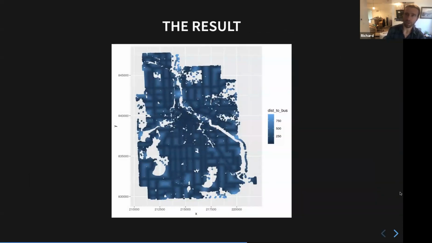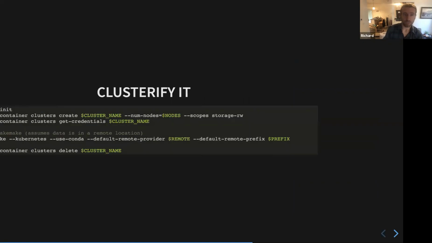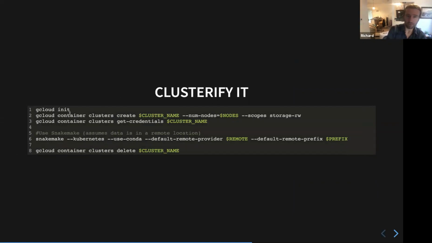The nice thing about having such a command is that it allows us to automatically parallelize everything. So what if we want to run this on some kind of compute cluster? If we have some Google Cloud credits, that's pretty easy. We just initiate a cluster, give it a name, tell it how many nodes we want, link some credentials with it, and then we run snakemake, the same command that would run this automatically on our own local computer, and give it some information about the cluster.